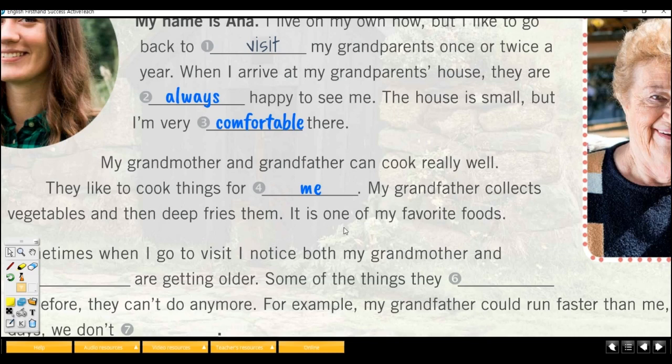It is like fried chicken, which is also deep fried.